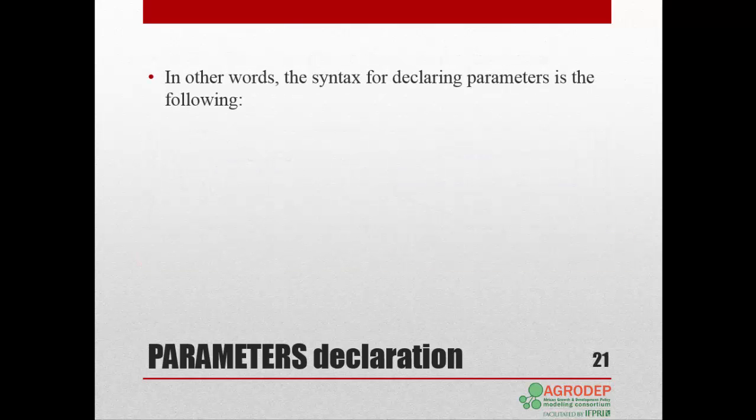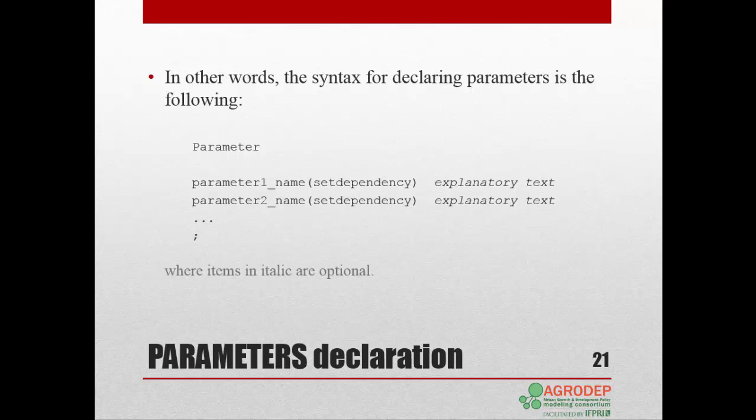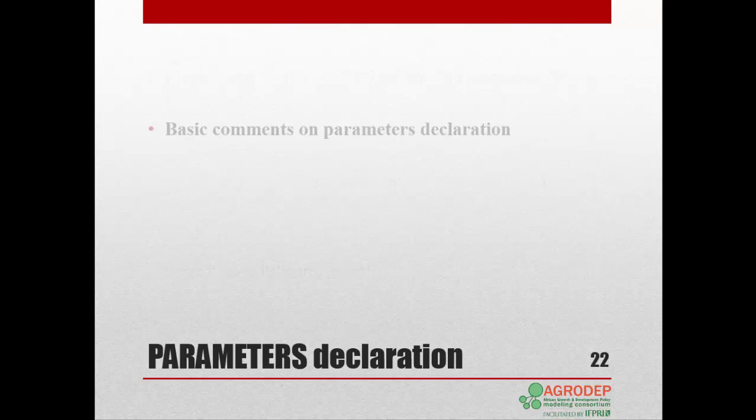In other words, the syntax to declare parameters is the following. The keyword parameter is followed by the parameter name. In parentheses, the name of the sets on which the parameter is defined is followed by explanatory text. Note that items in italics are optional.